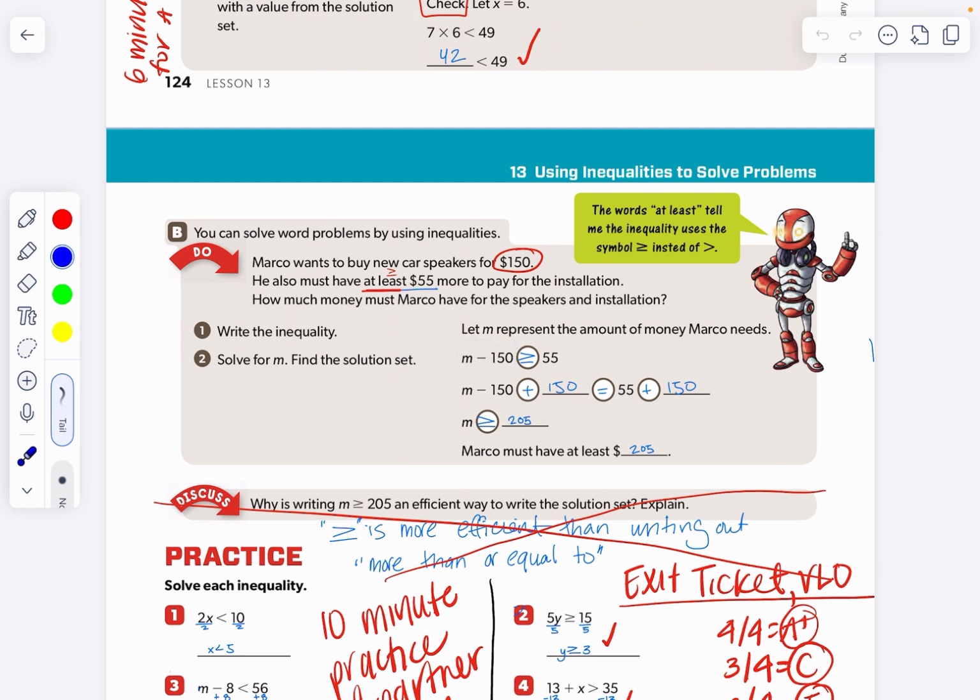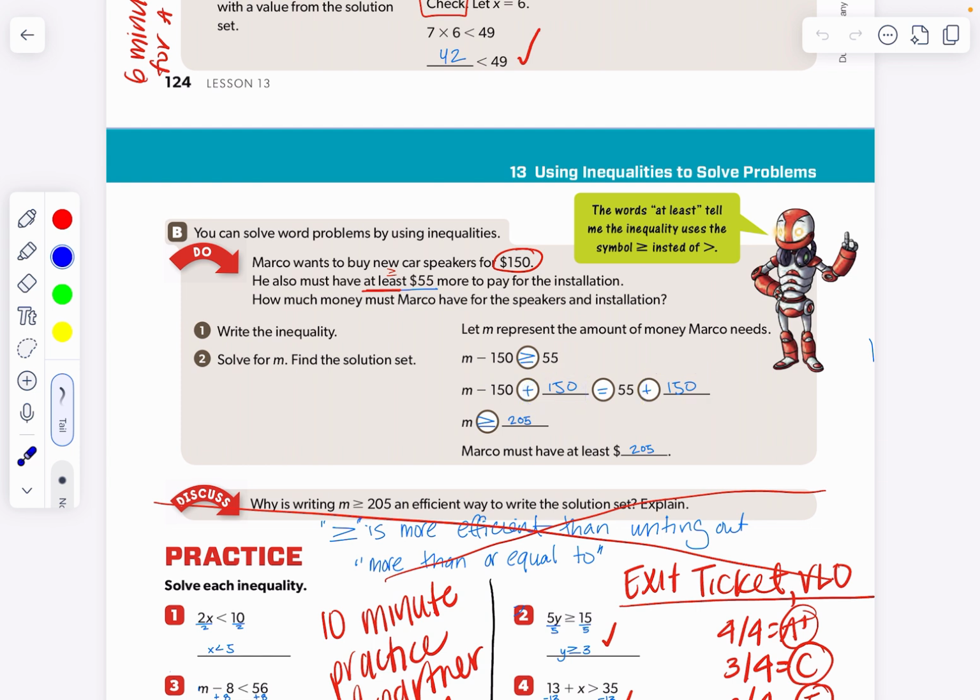Right now the variable is m and it's being connected through subtraction of 150. So in order to get rid of the 150, we have to use the inverse operation of subtraction, which is addition. So instead of subtracting 150, we are then going to add 150 to both sides of the statement, right?